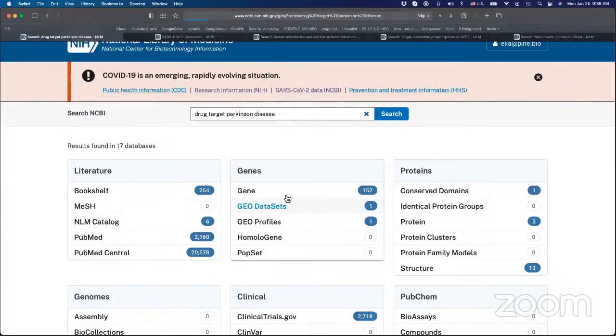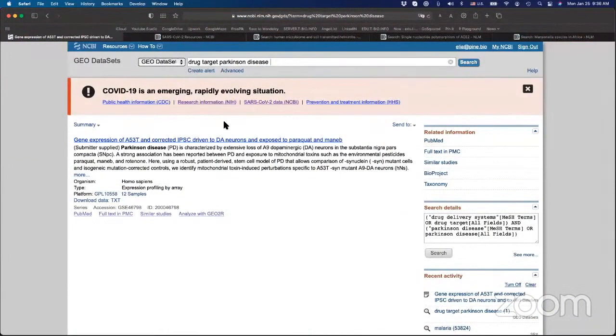So let's take a look at what kind of data do we have here as a drug target for Parkinson's disease. So here we have gene expression of A53T and corrected iPSC driven to DA neurons and exposed to paraquat and Manzanella. Okay, so a lot of gibberish that I personally don't understand.